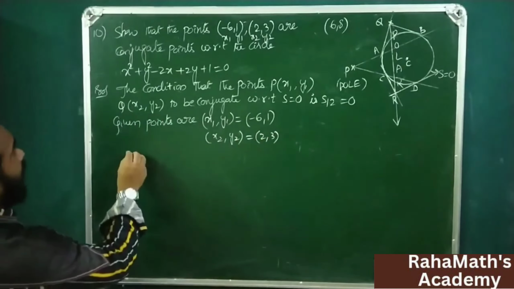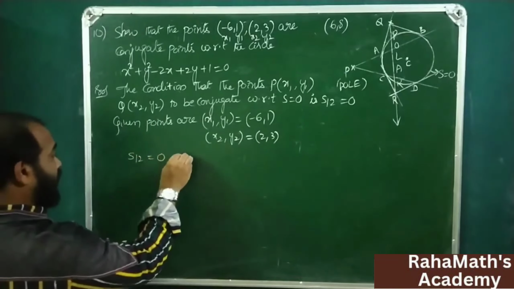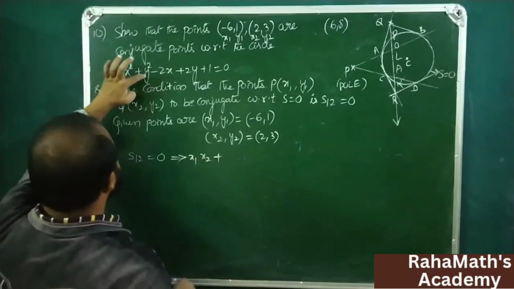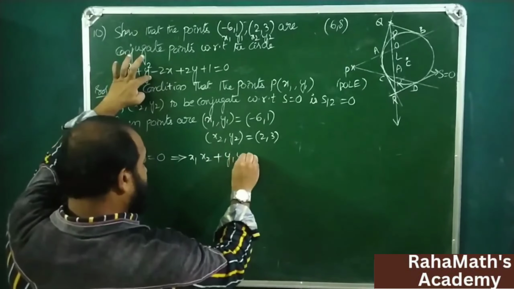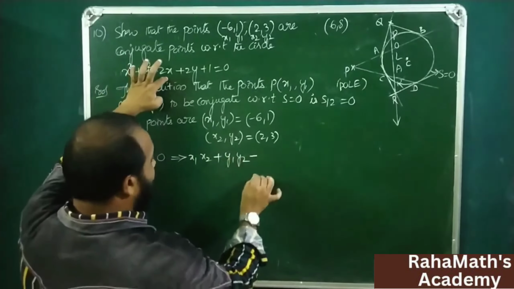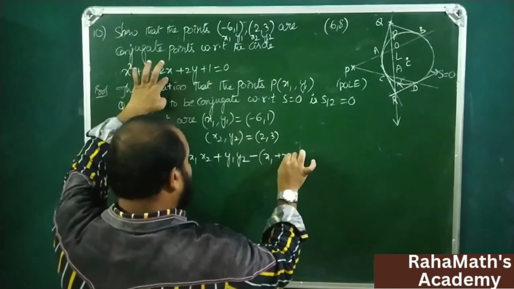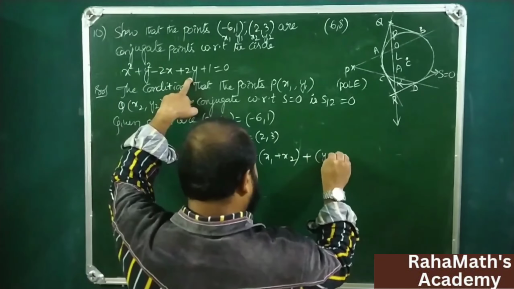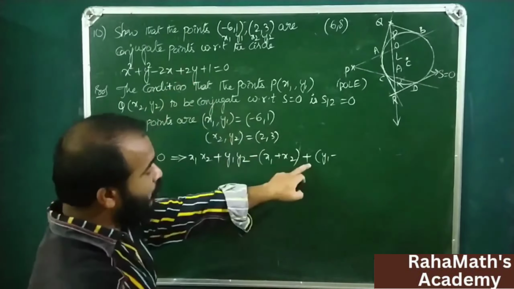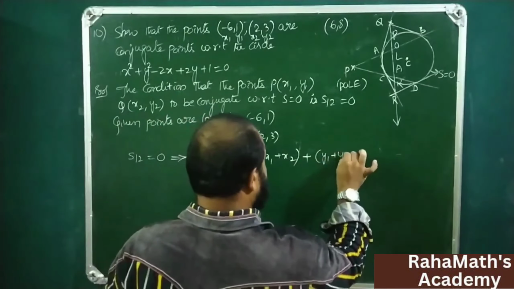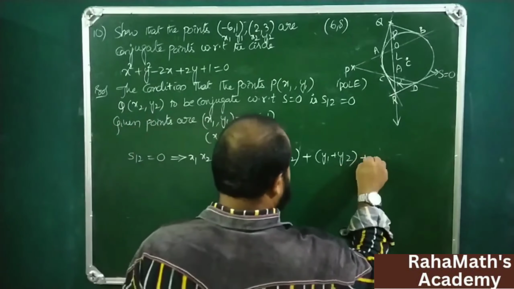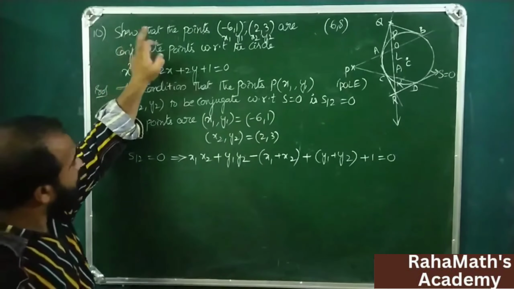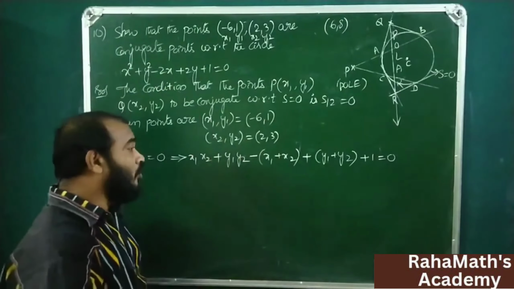So S12 equals 0 implies x1x2 plus y1y2 minus (x1 plus x2) plus the coefficient of 2 is 1 into (y1 plus y2) plus 1 equals 0. So he is asking to show that these two points are conjugate points.